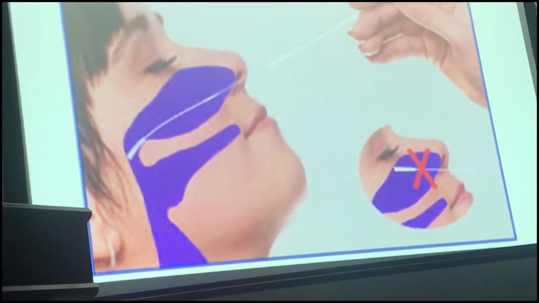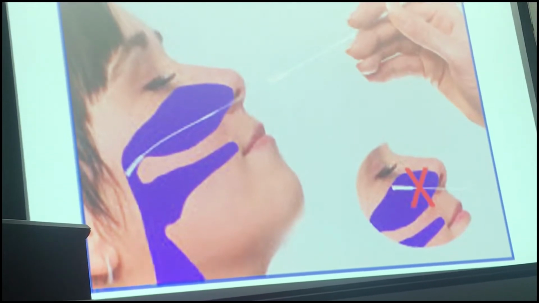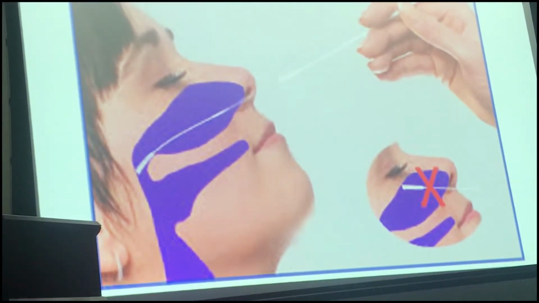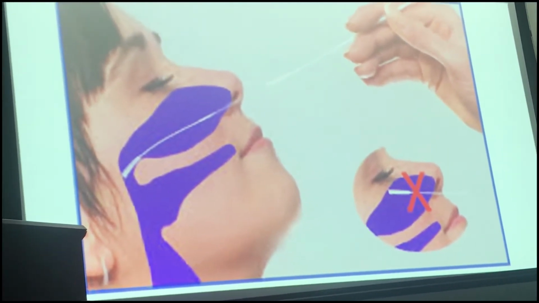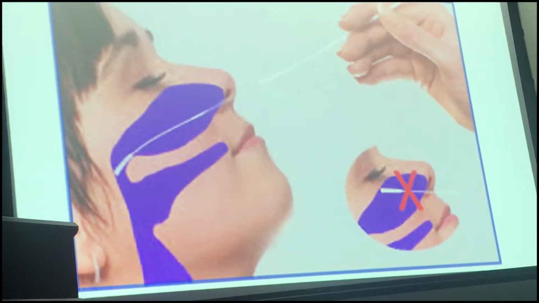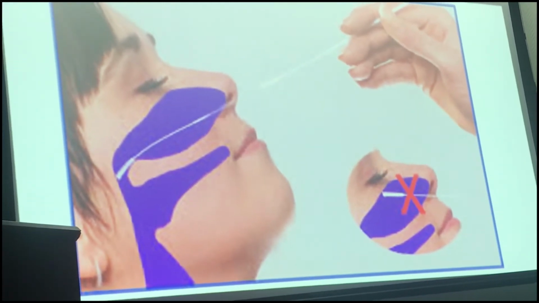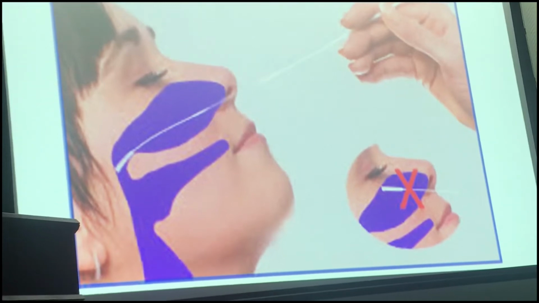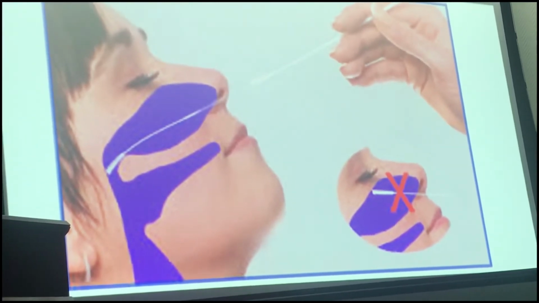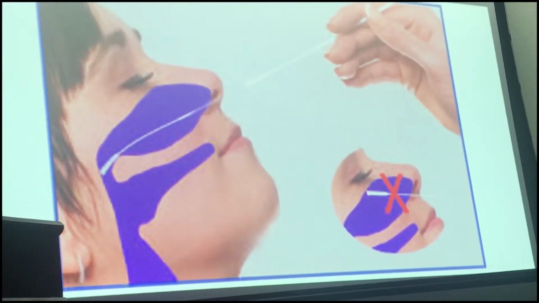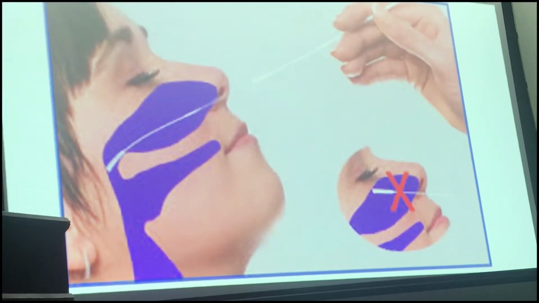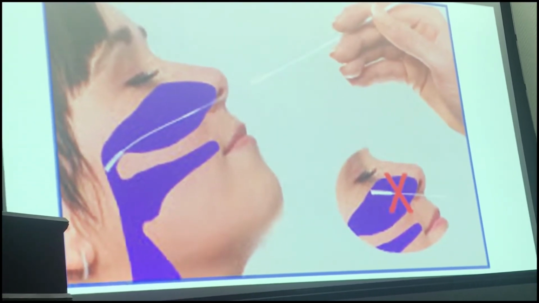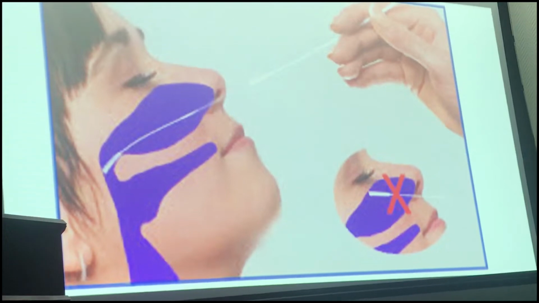When you reach the distance you measured on the patient, and when you reach the resistance, this is the nasopharynx. Stay for 5 to 10 seconds and slowly rotate it, so the swab will take as many cells as possible, and then go out.